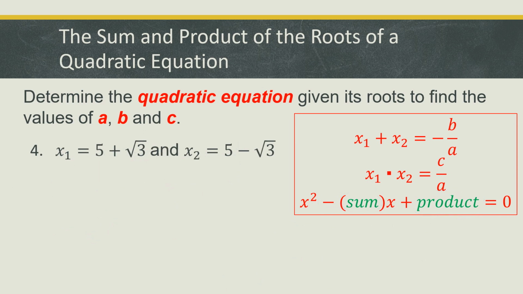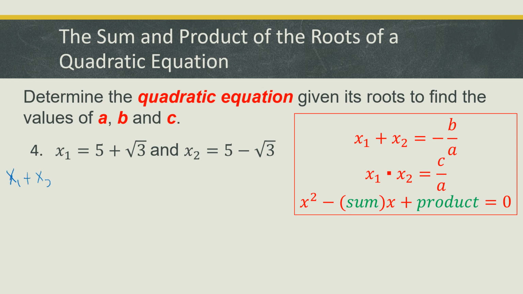We have some roots that are irrational. Say for example, this example 4, the first root is 5 plus the square root of 3. And the second root is 5 minus the square root of 3. So for us to form a quadratic equation, let us add first the roots to get the sum of the roots.